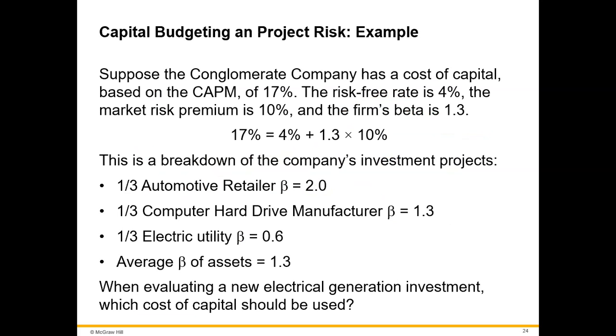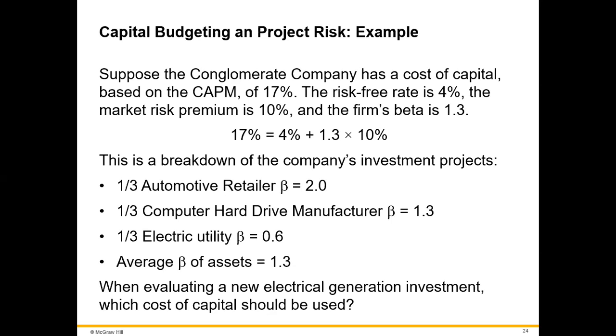Suppose a conglomerate company has a cost of capital based on the capital asset pricing model of 17%. The risk-free rate is 4%, the market premium is 10%, and the firm's beta is 1.3. So 1.3 times 10 plus 4 is 17%.